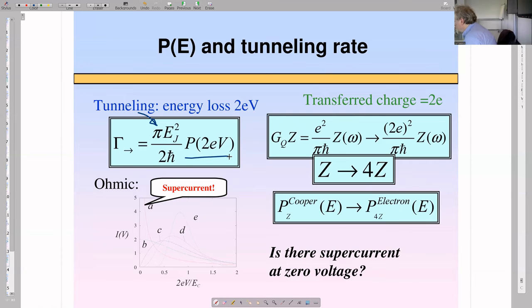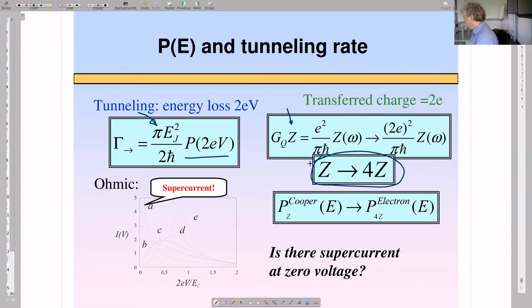Right, so the only thing I need to adjust is the impedance, which I used for the single electron case. Now the charge which tunnels is 2e, not e, so the effective impedance has been changed by a factor of 4.